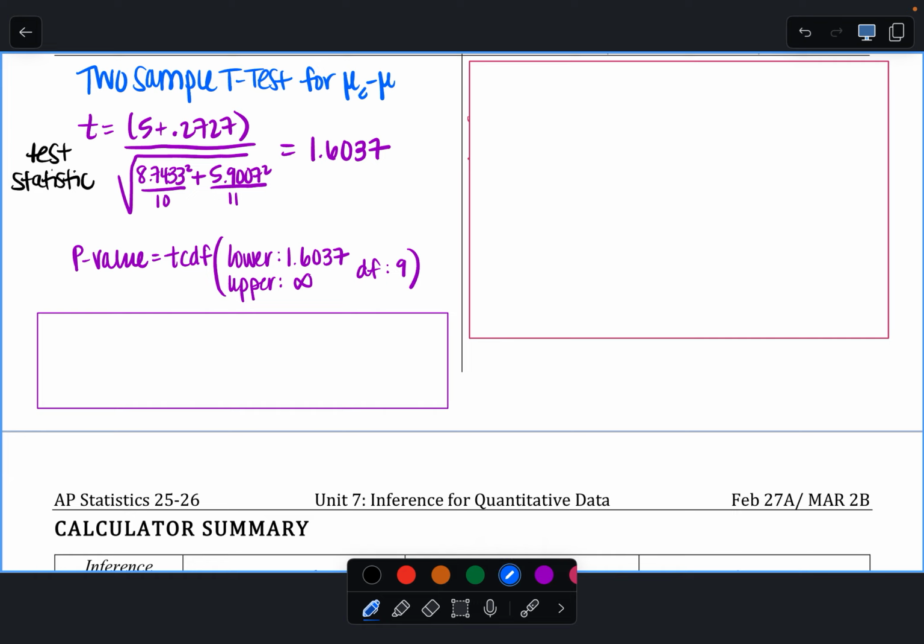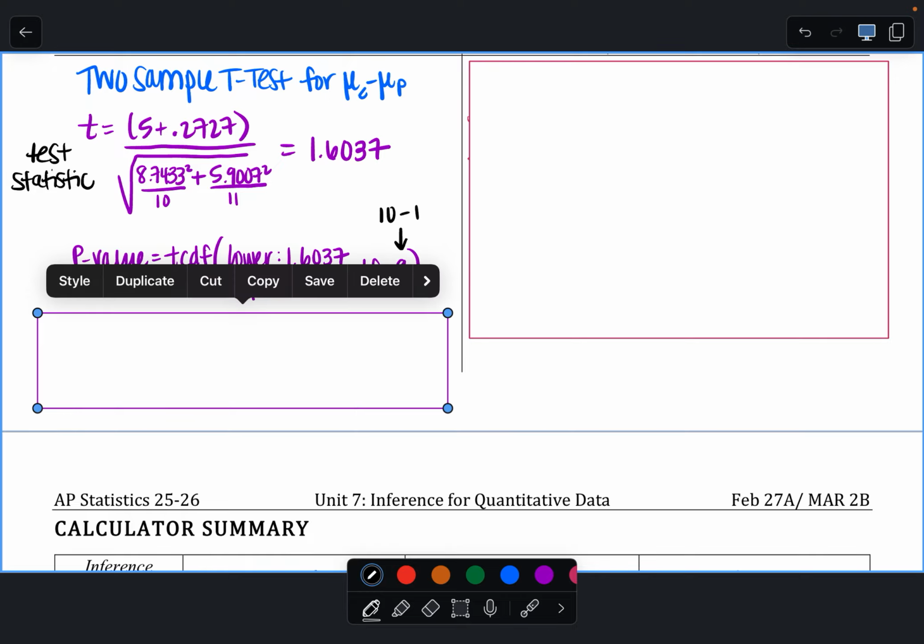Mu of c, mu of p. If it's positive, we are going in the more extreme direction, so we're shading to positive infinity. The reason why I picked 9 is my smaller sample size was 10, and I subtracted 1, and I got 9. The other sample size was 11, so 10 is smaller than 11.